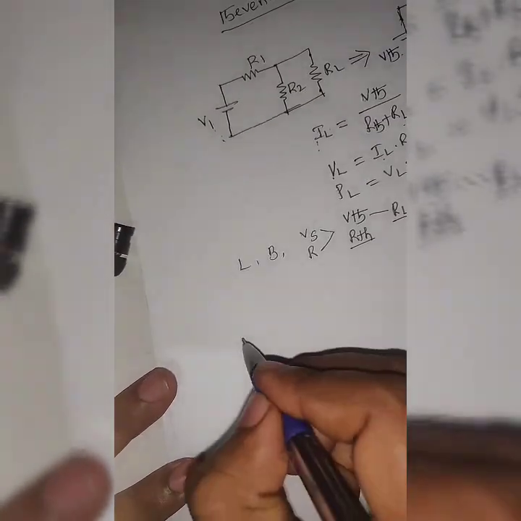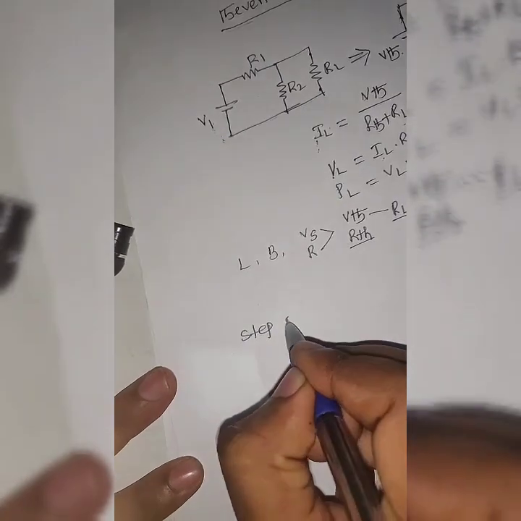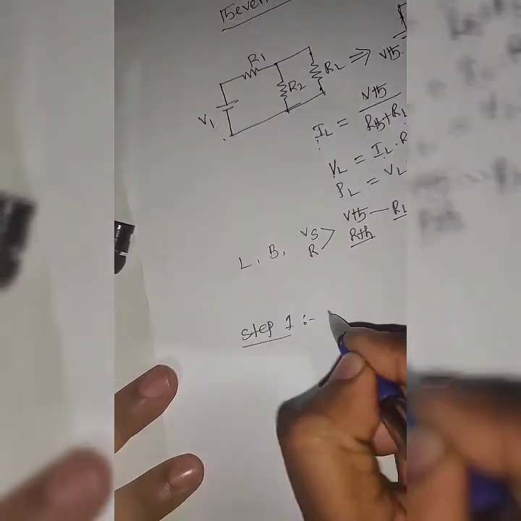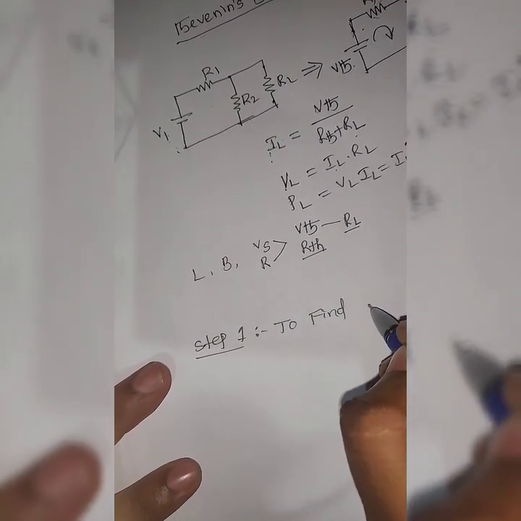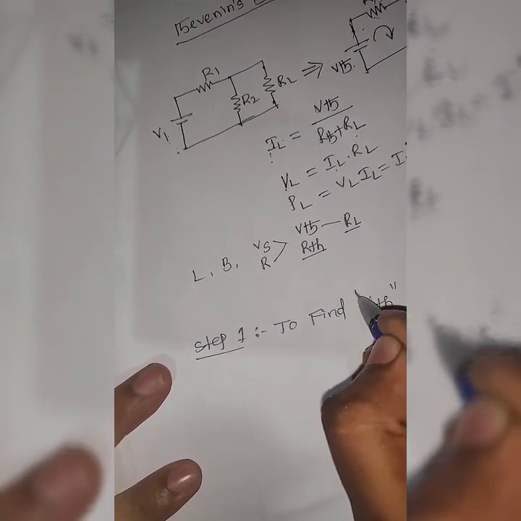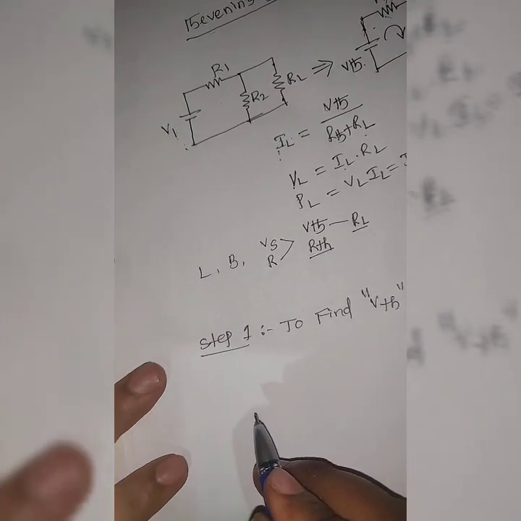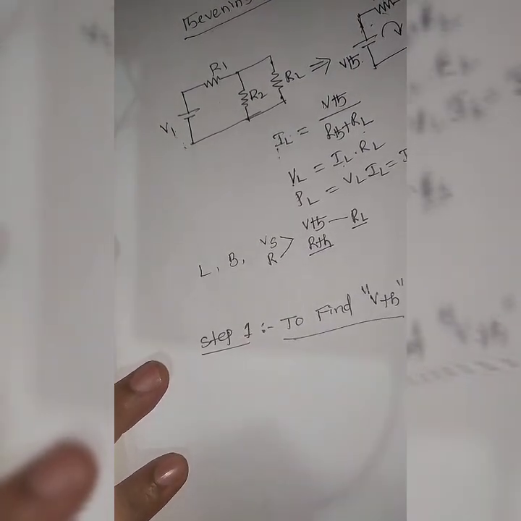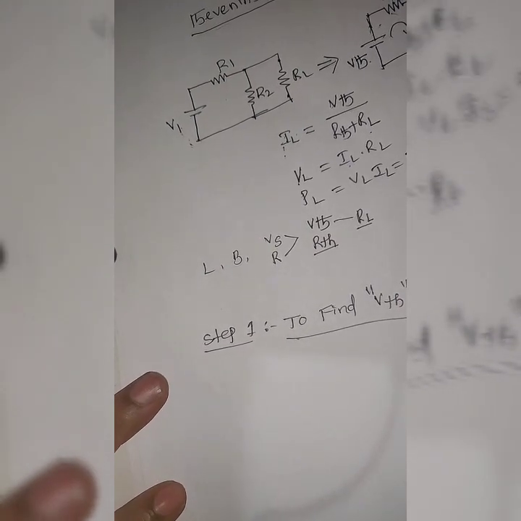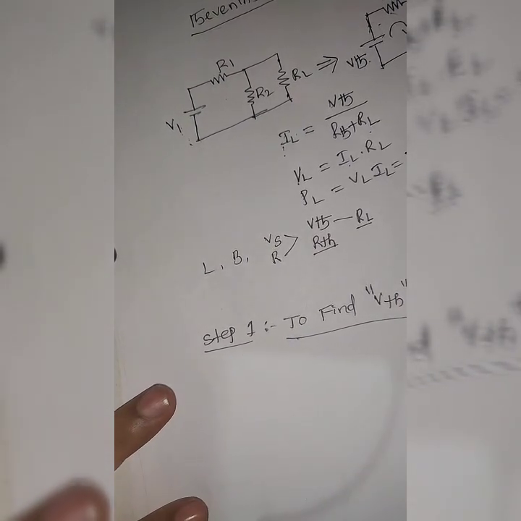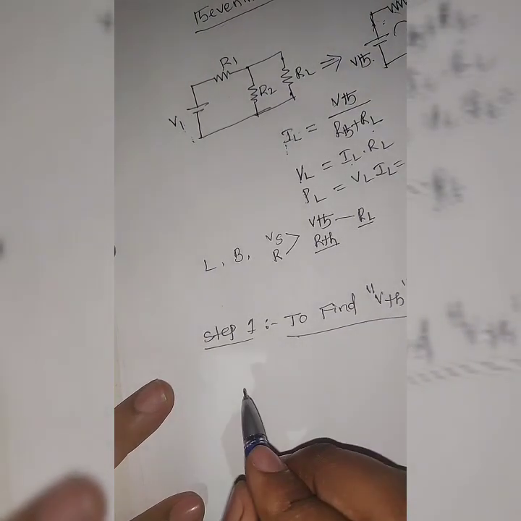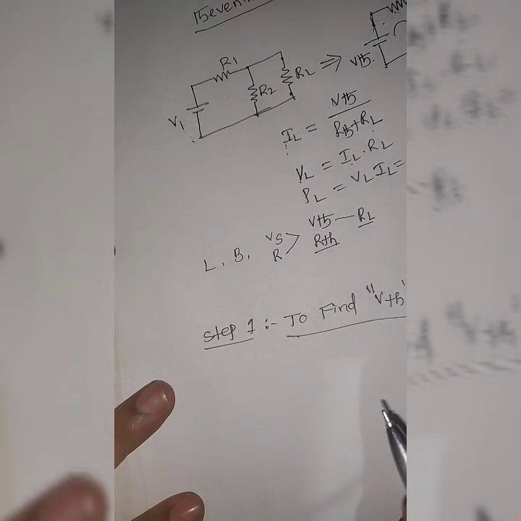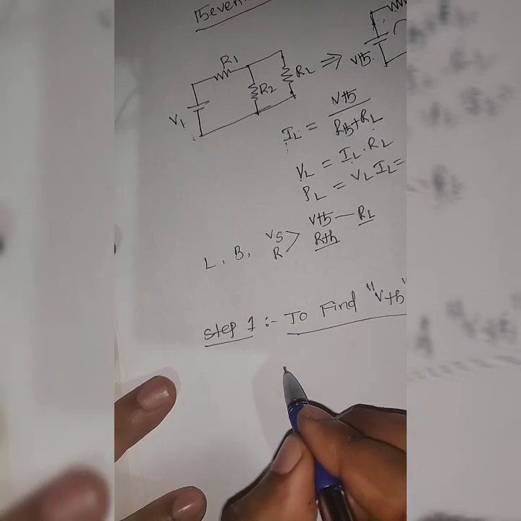Step one is to find the equivalent voltage VTH. To find this equivalent voltage VTH in a given circuit, remove the load resistance RL, meaning the resistance where we have to find the current, voltage or power has to be removed.